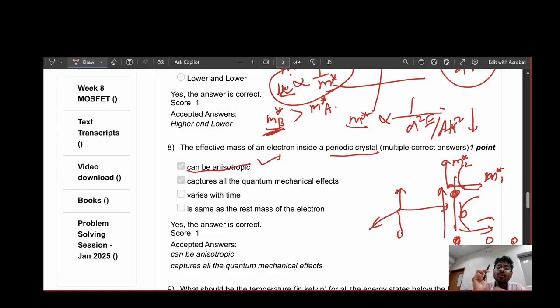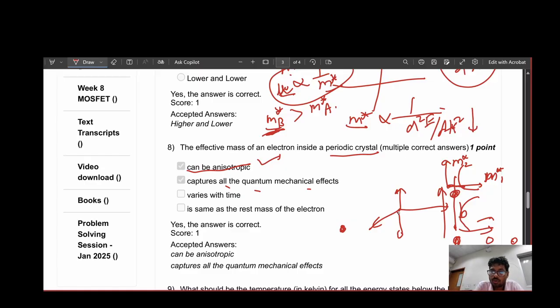Also, it captures all the quantum mechanical effects. When you put an electron in some surrounding, it will feel some kind of force because of the surrounding.